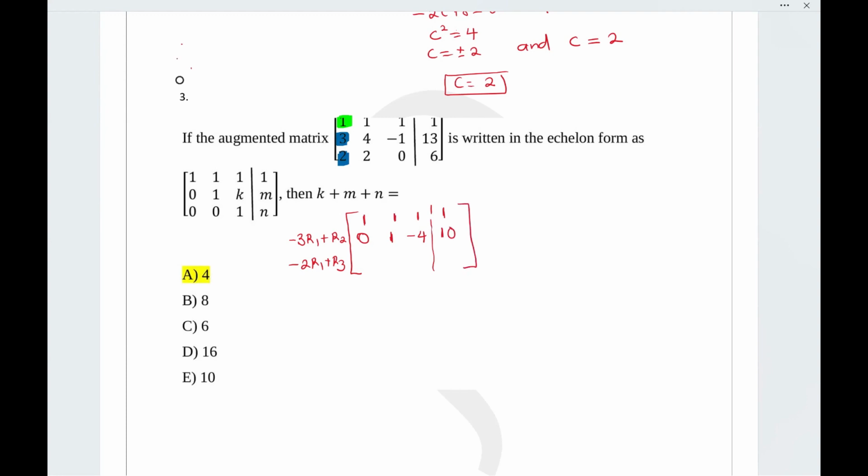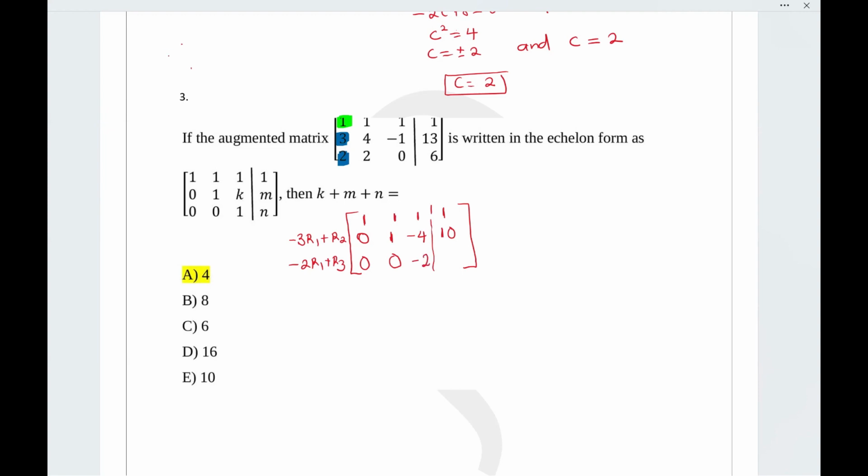Okay. Then what next is the third row. So we have -2. -2 times this is going to be 0 here. -2 times 1 is -2. -2 plus 2, this also becomes 0. -2 times 1 is -2. -2 plus 0 is still -2 here.